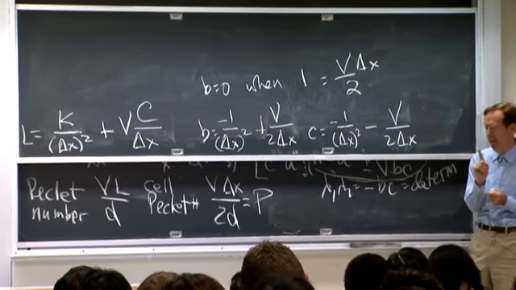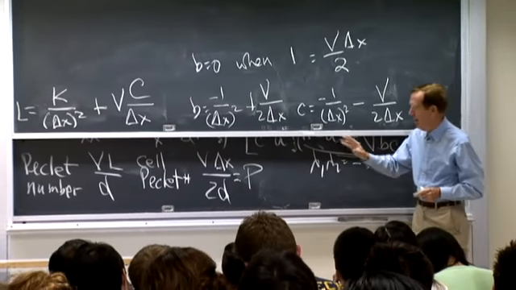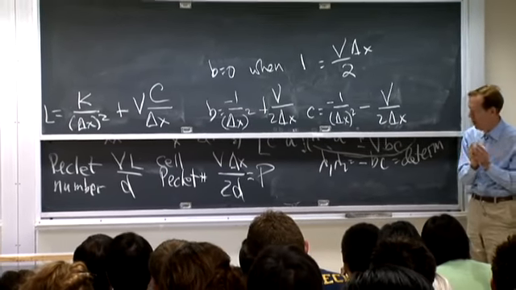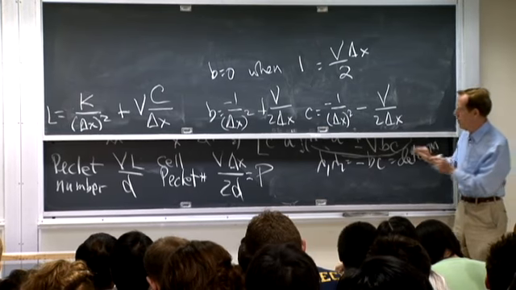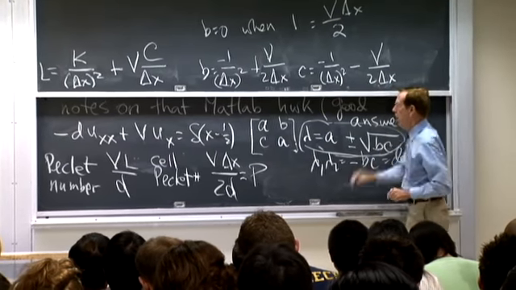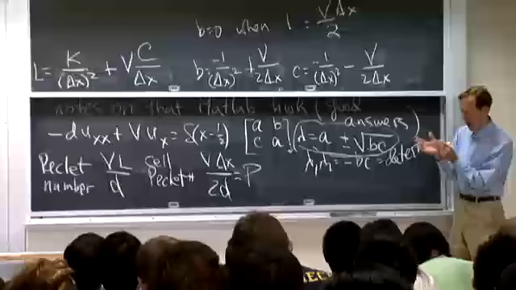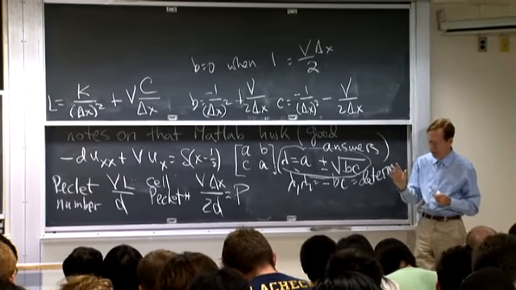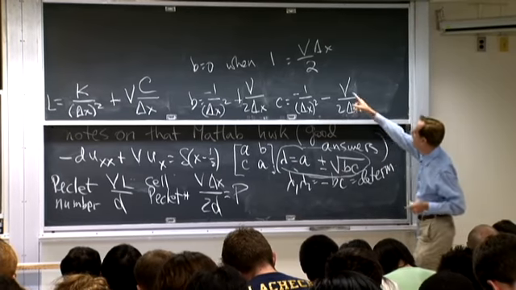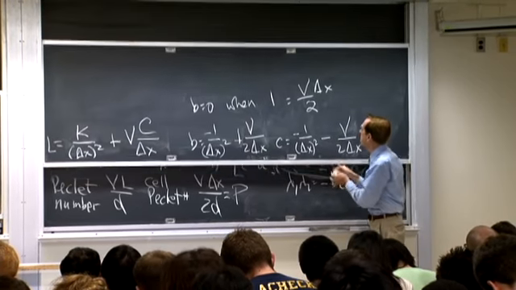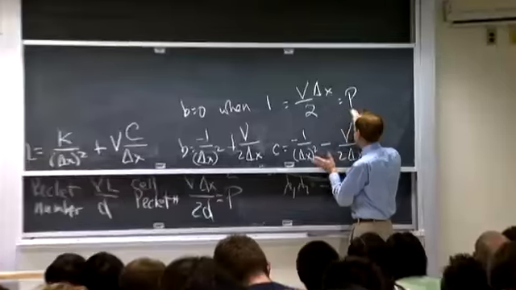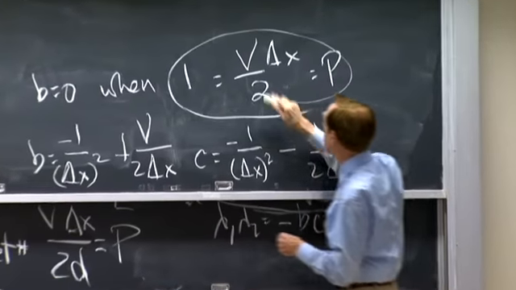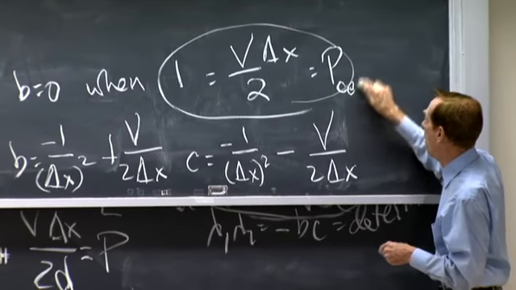That cell Peclet number is exactly the point that we observed of transition from real eigenvalues to complex eigenvalues. It's that combination, P cell maybe.